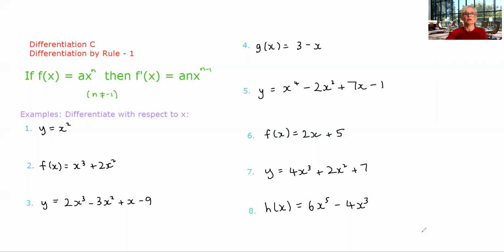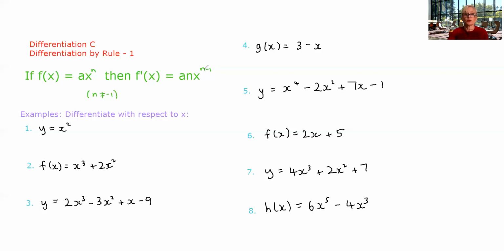In general, our rule is that if we have a function y equals f of x, it doesn't matter whether you use f of x notation or y notation, if it's some constant a times x to the n, as long as n isn't -1, then the derivative will be, well, the a just comes along for the ride. The constant just gets multiplied through. What we do is we bring our index down as a multiplier and we decrease it by 1.